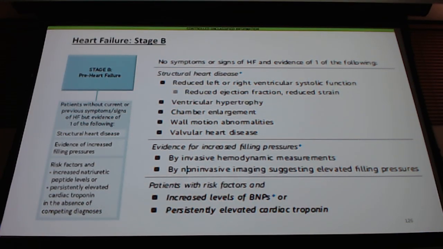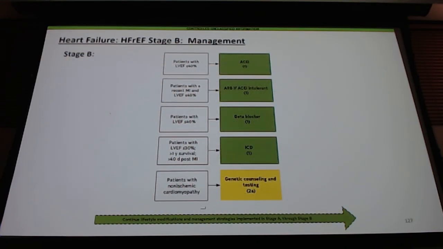Stage B, now you have structural or functional problems, but you don't have symptoms. And now with this, we're going to have them on medications to try and preserve function, improve function, so that they don't decline and need more aggressive therapies.